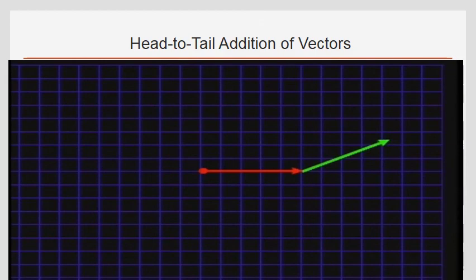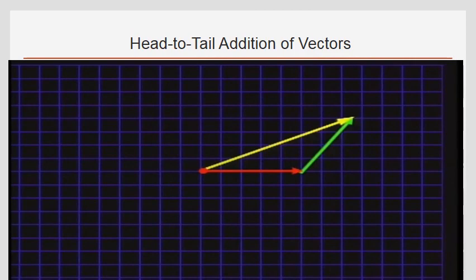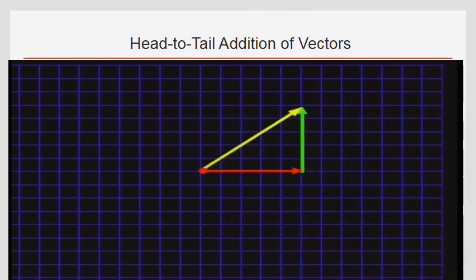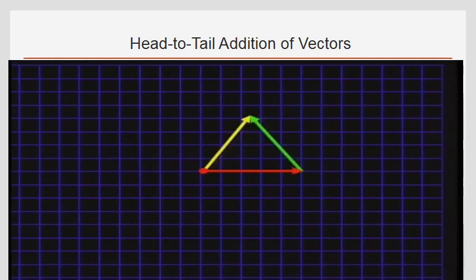The sum of the two vectors is found by drawing a third vector from the tail of A to the head of B. This is how the sum of the two vectors changes if vector B is rotated to different orientations. Since the two vectors are equal in magnitude, their sum can have a magnitude ranging from 0 to twice that of A and B.